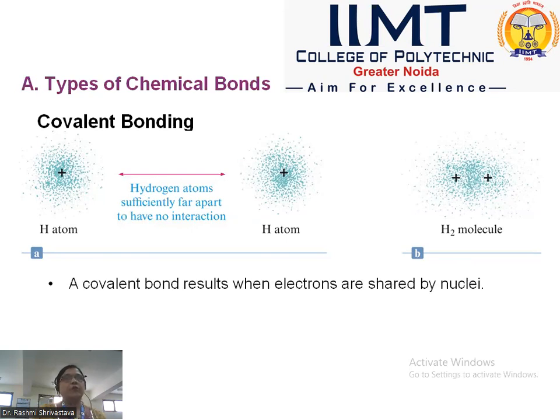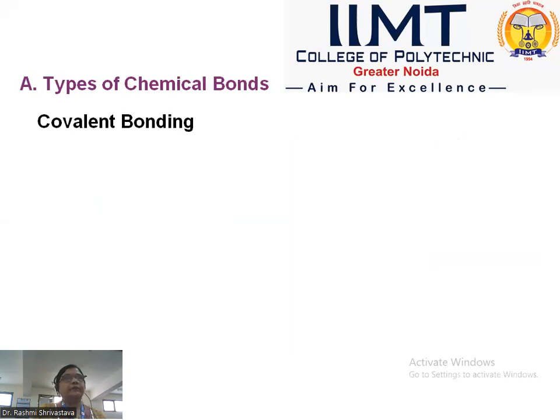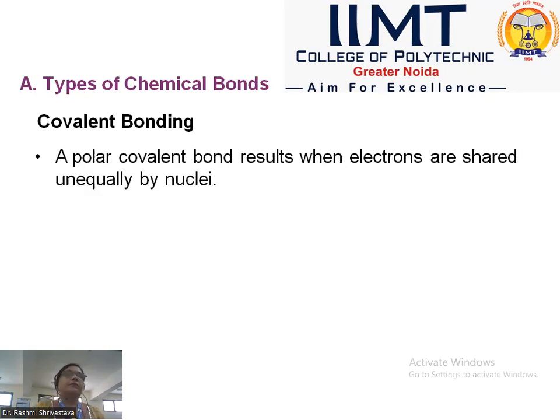A covalent bond results when electrons are shared by nuclei, and when identical atoms participate in covalent bonding, the shared pair of electrons lies exactly between the two identical atoms. Another type of covalent bonding takes place between non-identical atoms, just like HCl.